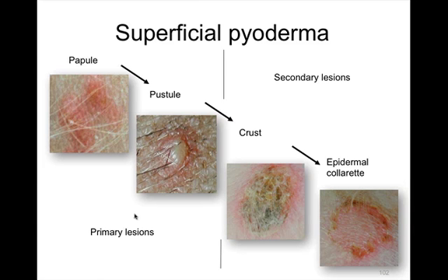So the papule and the pustule are called primary lesions because those are the early lesions, and those are due to the disease. The secondary lesion means that the dog has probably itched and caused that crust to fall off, or it's just due to the natural regression of the disease. So that's what we call primary versus secondary lesions.